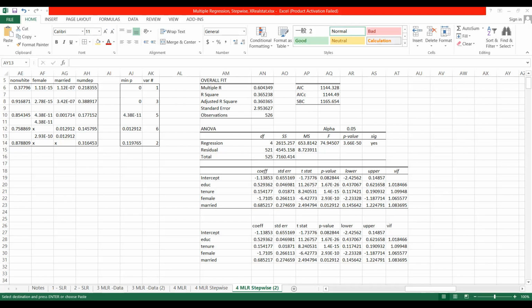Paki-chat na lang kung pwede. So kindly open the R markdown file. Tapos paki-download din yung Excel file, yung Wage Interact, yun ang gagamitin natin dito.